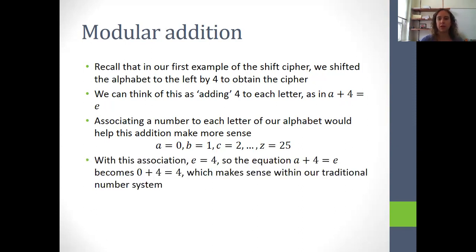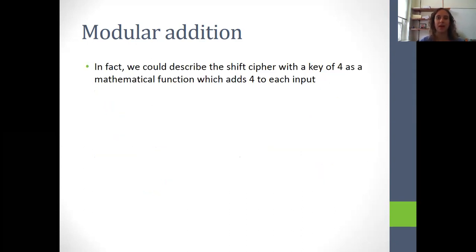All right. So if we take our equation up here, A plus 4 equals E, and change it to this number system, we get 0 plus 4 equals 4, which of course is a mathematical equation that actually makes sense. That's awesome. So instead of saying that we have a shift cipher where we're going to shift everything by 4, we can actually write this as a mathematical function.